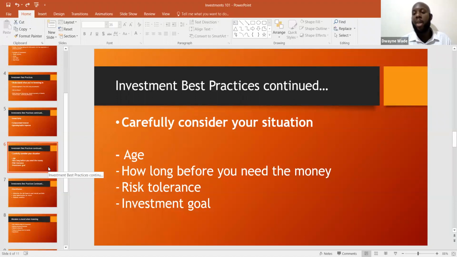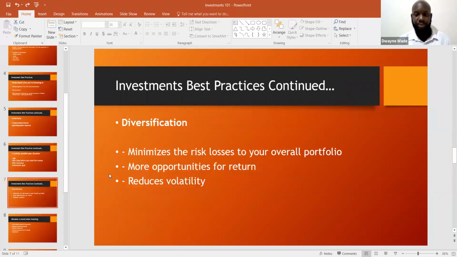And this is just a small portion, as I said. There are a number of things to take into consideration, right? Now, the other thing that we as investors need to do is diversification. We need to diversify our portfolio.